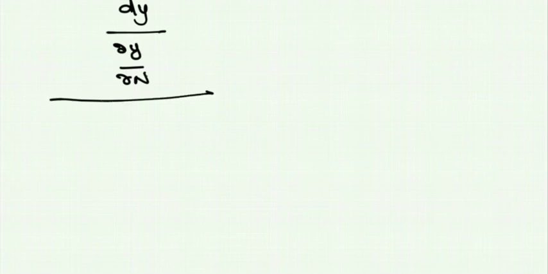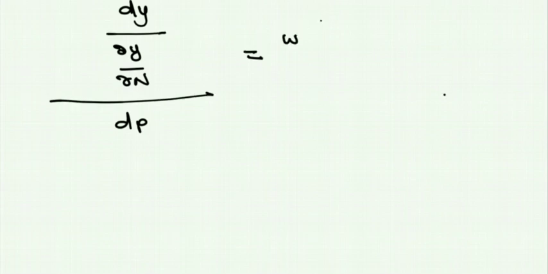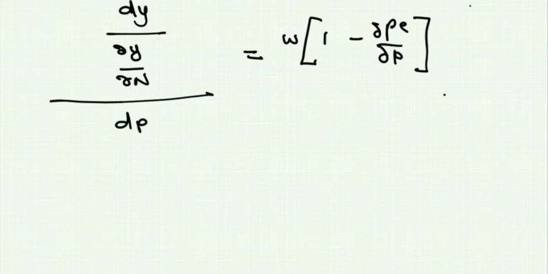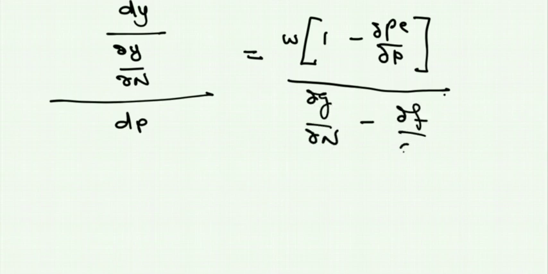Okay, so here it becomes dy over delta y over delta n over dp equals, rewrite the whole thing, w. So here in square bracket, 1 minus delta pe over delta p, and then over delta g over delta n minus delta f over delta n.